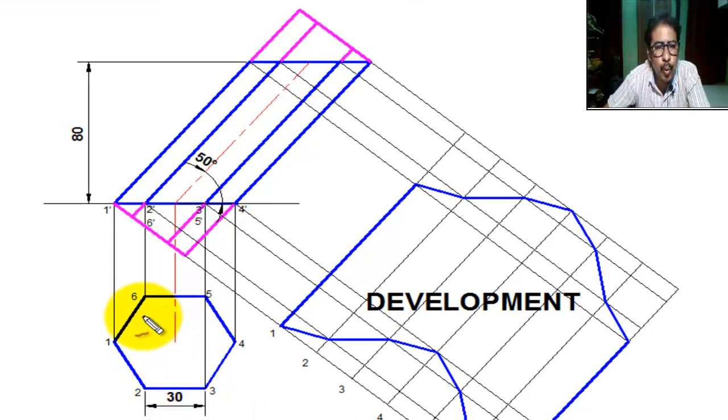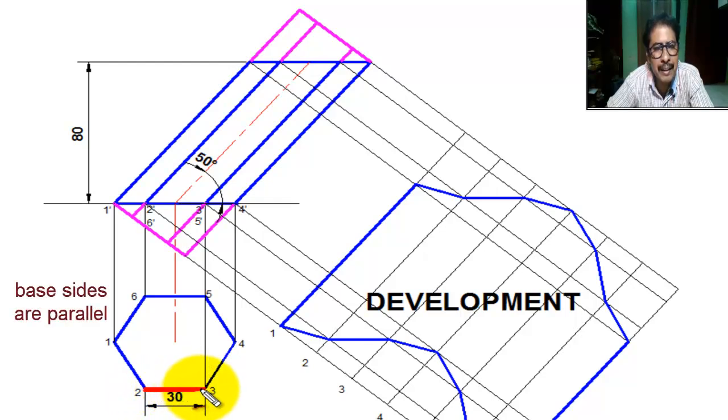First, we draw a regular hexagon of side 30 mm. This is 30 mm.